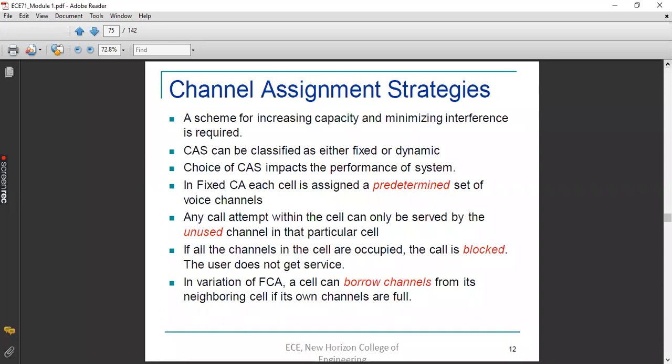Suppose I am one cell, you are another cell. I have been allocated one set of channels. You have been allocated the same set of channels, and the geographical location of your cell is very far apart from mine, which means that we are co-channel cells. Co-channel means we are sharing the same set of channels.